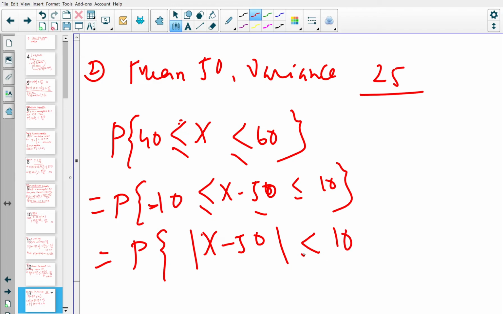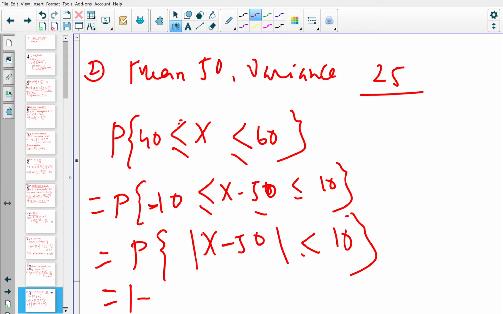The equality doesn't have any problem. And by that form of the Chebyshev inequality, this is 1 minus the variance. So what was the variance?